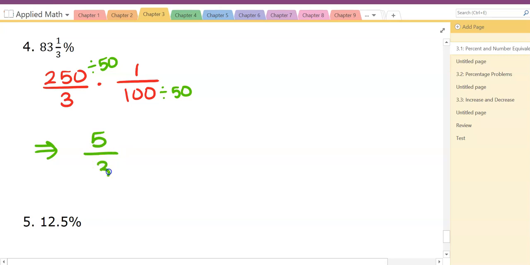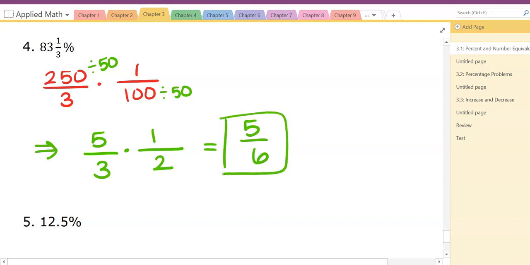So I have 5/3 times, what's 100 divided by 50? 2. So what's my final answer? 5/6. Which, if you take 5 divided by 6, you should get 0.83 repeating, which, if you multiply by 100, would get you back to your 83.3 repeating as a percentage.